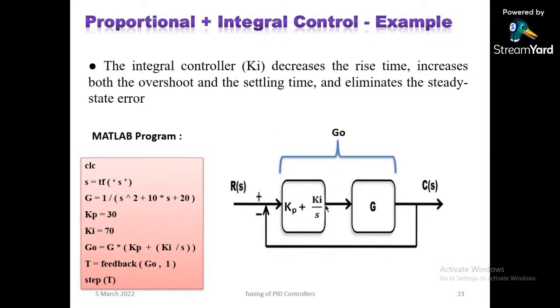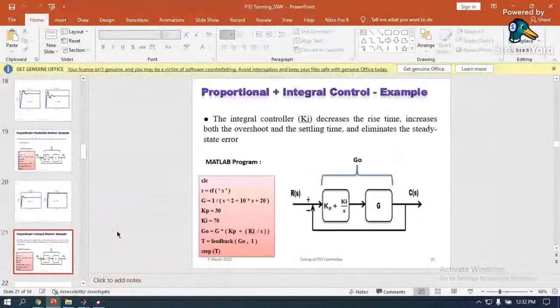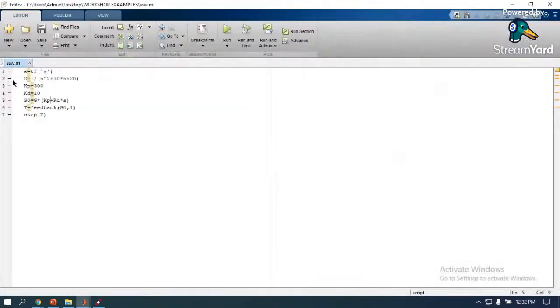Overall, this entire thing multiplied by G is G0. So Kp equal to 30, Ki equal to 70. Now, instead of Kd, I'll use Ki. Instead of into S, it must be divided by S, Ki divided by S. To avoid confusion, put it in a separate bracket.